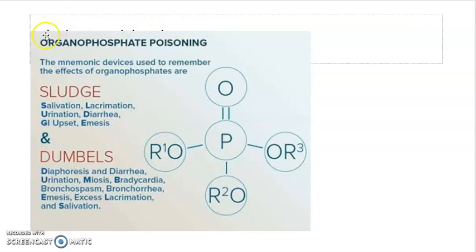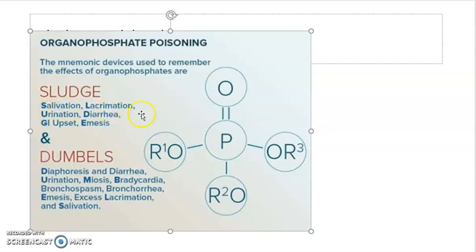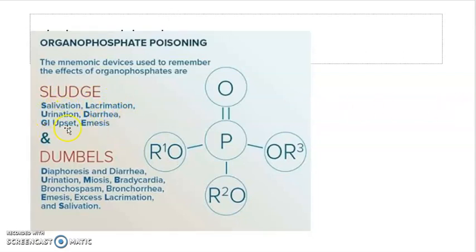So for organophosphate poisoning, you remember the mnemonic. We'll see the effects of cholinergic agonists. You have salivation, lacrimation, urination, diarrhea, GI upset, and also emesis, vomiting. And also again DUMBBELS. D sometimes can mean diaphoresis, sweating. Also diarrhea, urination again, miosis.